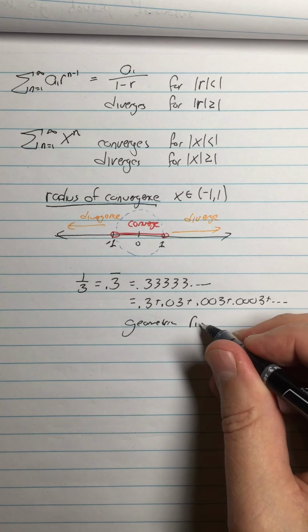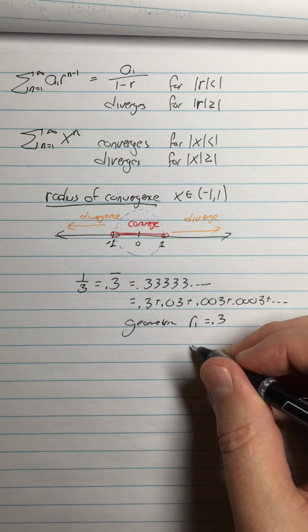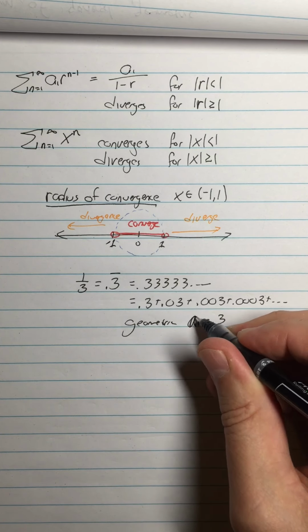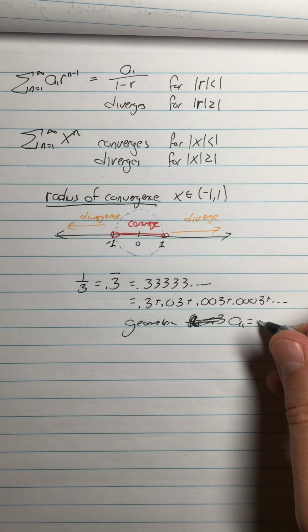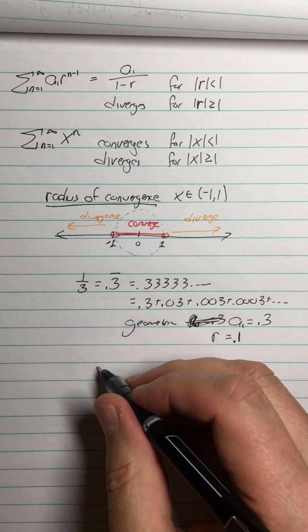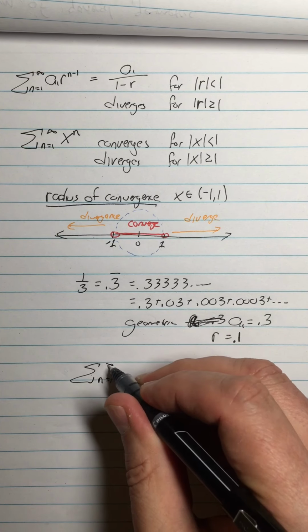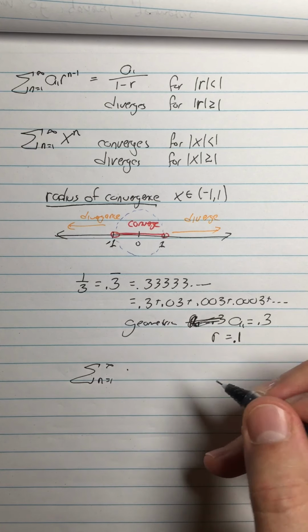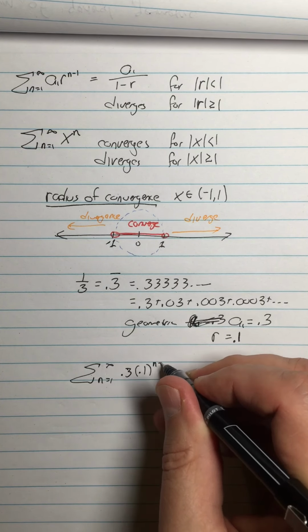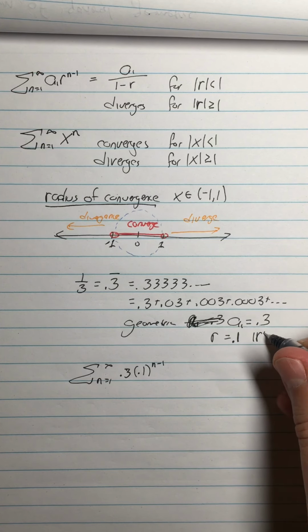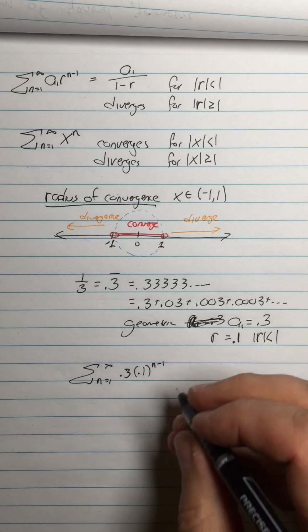It's geometric with a sub 1 equals 0.3. Sorry, a sub 1. I was going to do something completely different. Now I'm winging it. Now I'm making mistakes. a sub 1 equals 0.3, and r equals 0.1. So according to this theorem, the sum from n equals 1 to infinity of 0.3 times 0.1 to the n minus 1, that's this sequence, converges because the absolute value of r is less than 1, since it's 0.1.